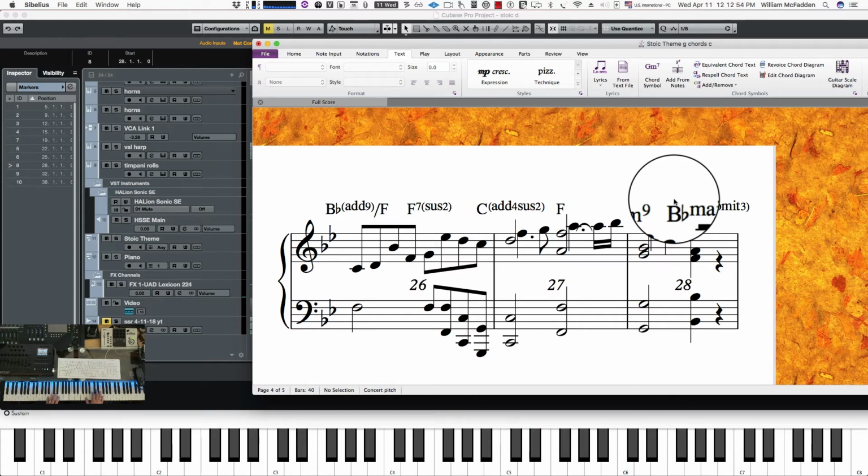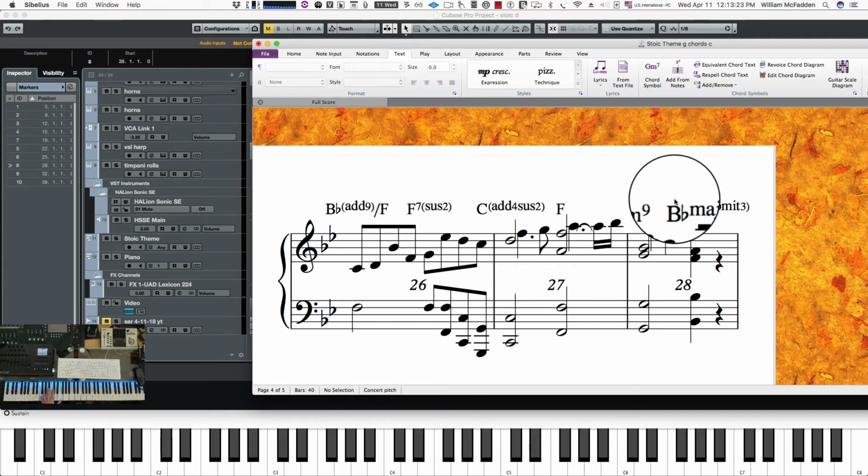And then we have a C sus2, so we actually have, so there's your C, here's your second and your fourth in the C, so there's basically a sus2 add 4. And then this time we have an F, like we've seen before, omitting the fifth in this case.